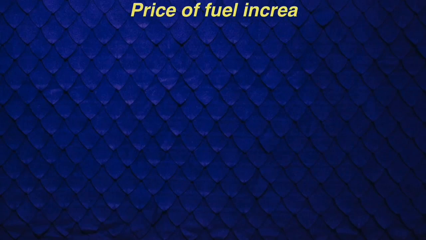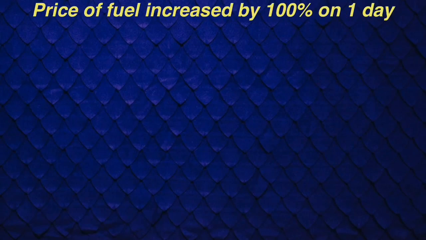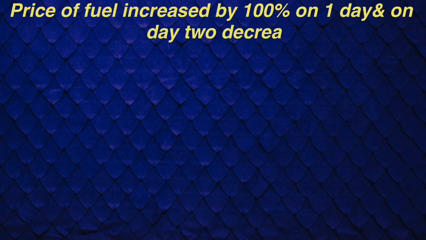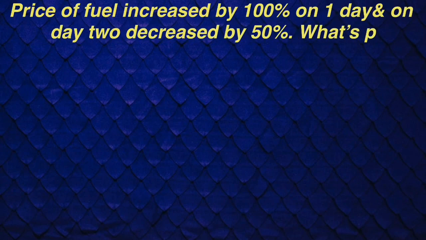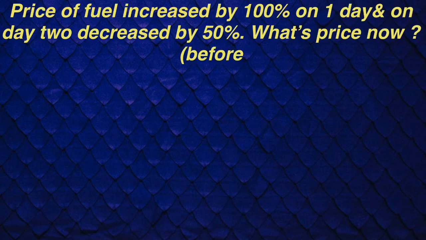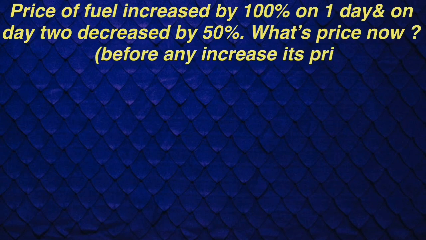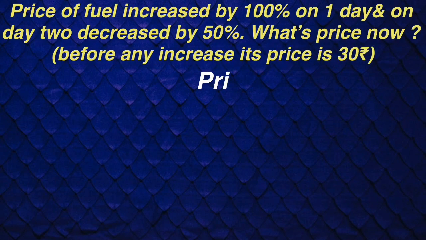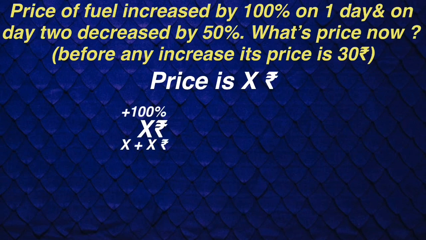For example, the price of fuel increased by 100% on day 1 and on day 2 decreased by 50%. What is the price now? To do the problem, first assume the price is X rupees. On day 1 it increased by 100%, so X plus X is 2X rupees.